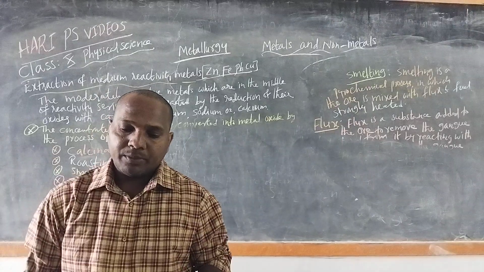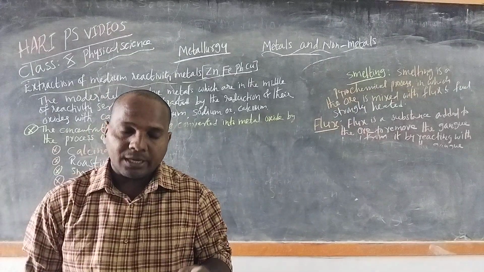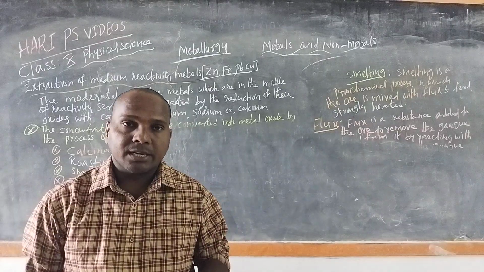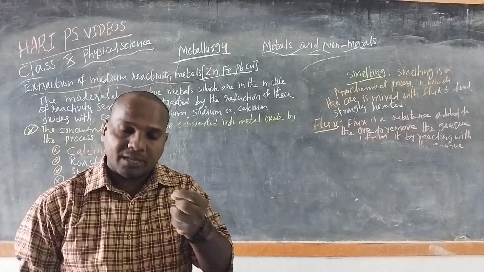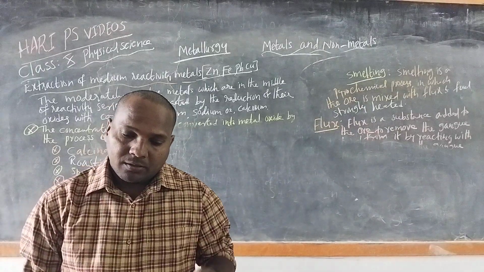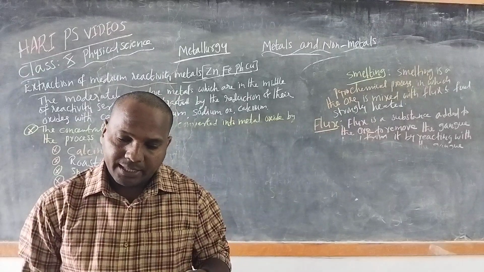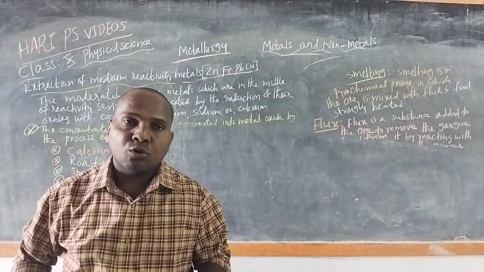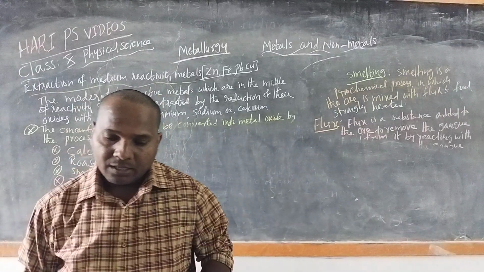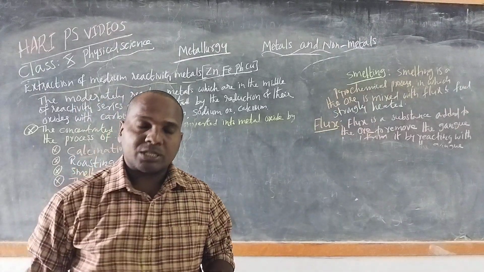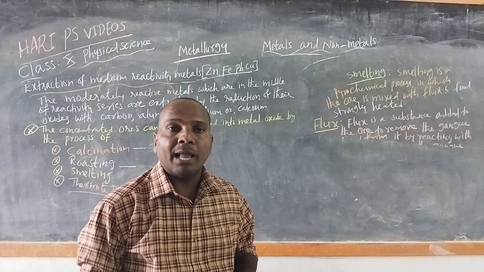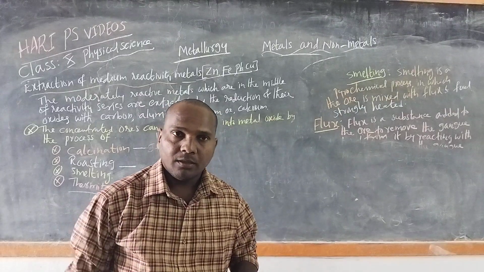During smelting, the impurities in the ore react with the flux to form slag, which is removed. Slag is nothing but a waste material. For hematite ore, coke is used as a fuel and limestone is used as a flux. The smelting is carried out in a specially built furnace known as a blast furnace.